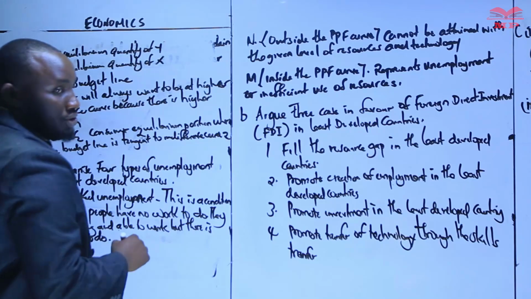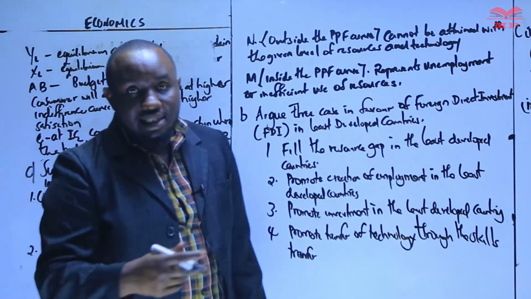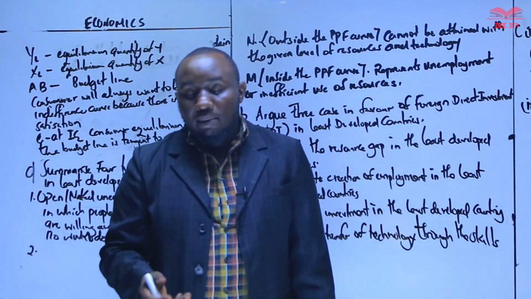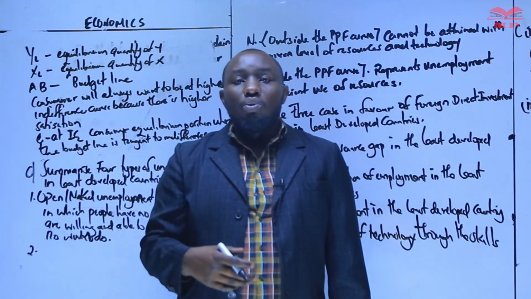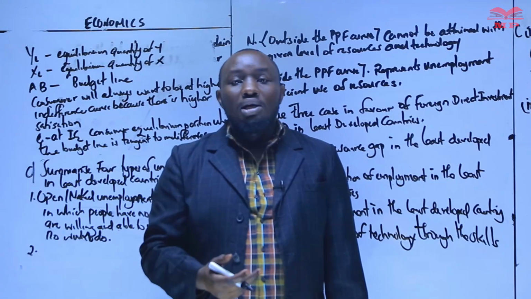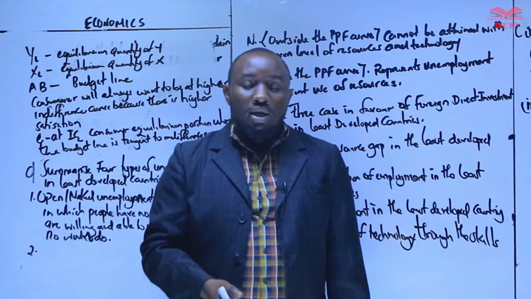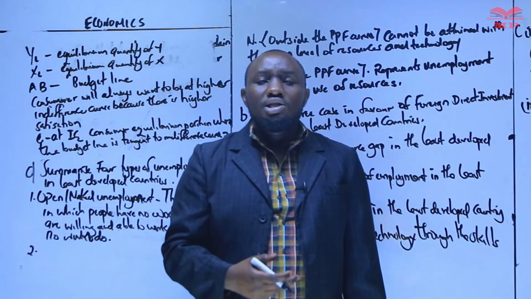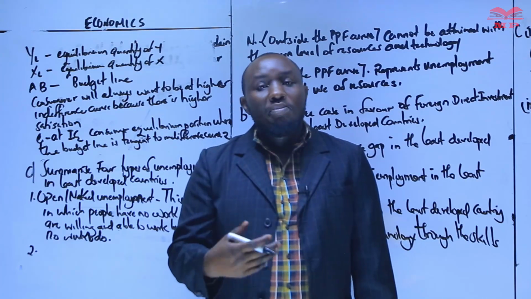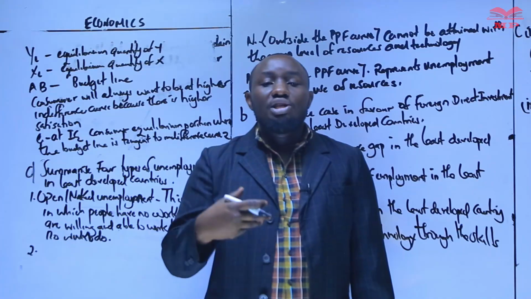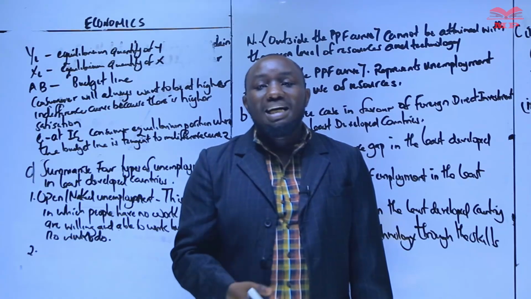We proceed to the second one, structural unemployment. This is due to structural changes. What are these structural changes? Change in demand, change in taste, and change in fashion would cause unemployment.